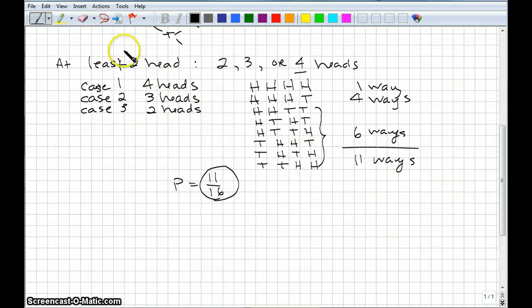Now we're looking for at least 2 heads, but the complement, let me write that out, complement of that, now notice I spell it with an E here. So it's not complIment.